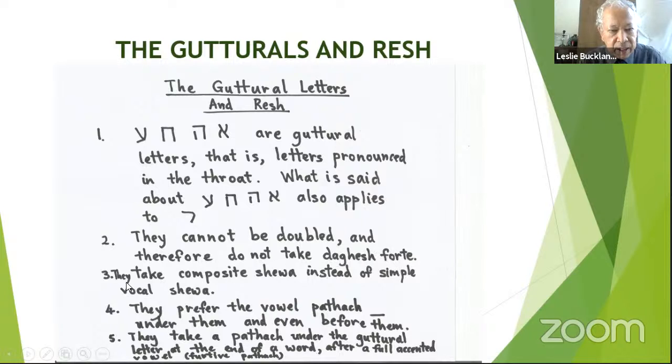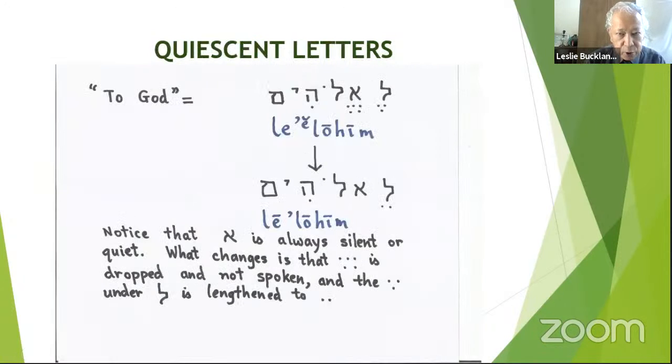Number 3, the guttural letters take composite schwa instead of simple vocal schwa. Now, this is why when we looked at the word Elohim, Aleph, notice, let me find my pointer.